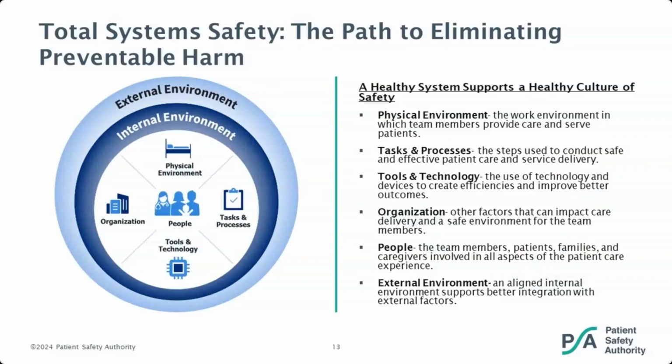So when we talk about the learning system informed approach to problem solving, we are working to effectively understand where vulnerabilities lie. Organizations that are doing this type of work need to examine all elements of the system. So this would be people, organizations, tasks and processes, tools, technology, and the physical environment. And you can see on this slide how we define each of those elements of the system, and we'll work some of these in as we go through the presentation.